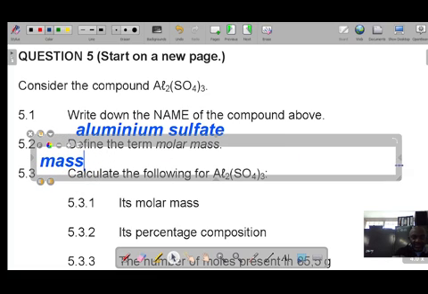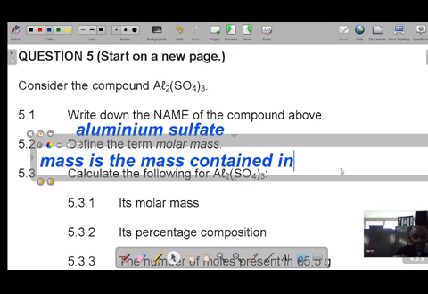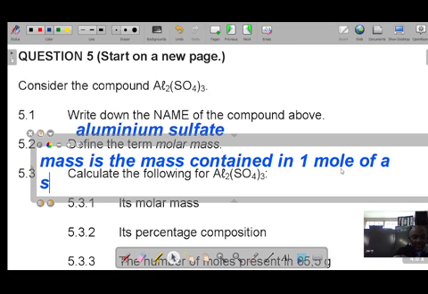Should I say it again? Molar mass is the mass contained in 1 mole of a substance.